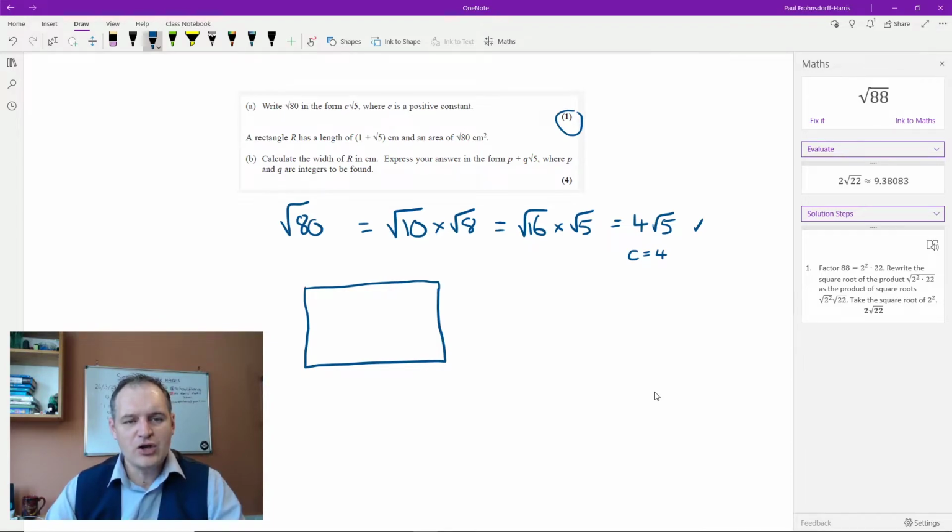I then know it has a length of 1 plus root 5, and this is so common in these sorts of questions. It's used the root 80 from part A. So I am going to instantly write 4 root 5 just here. Hopefully that makes sense to everyone.